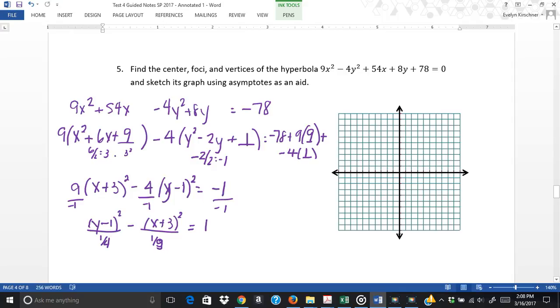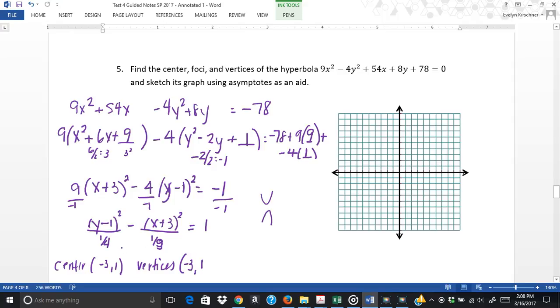So let's see. I have a center at negative 3, 1. I have vertices. This is in the y direction, so I'm going to add to the y. So I have negative 3 and 1, and I'm adding a.